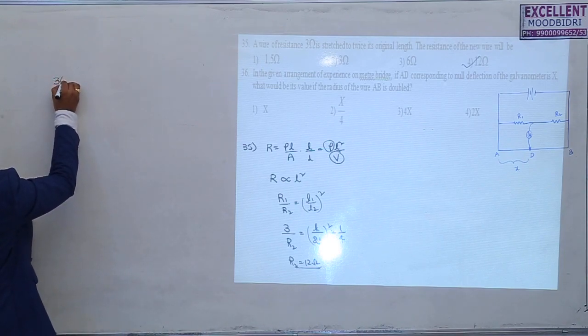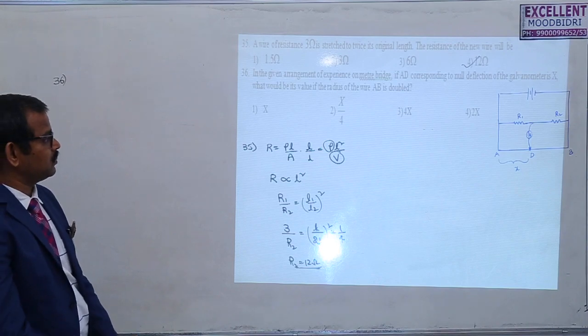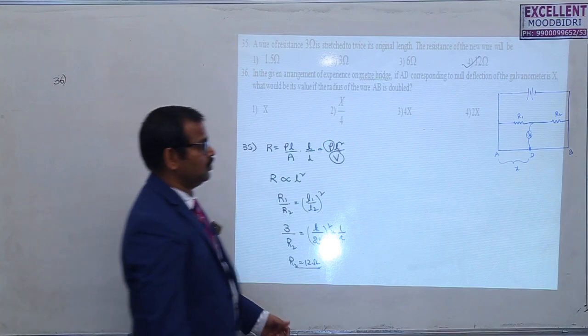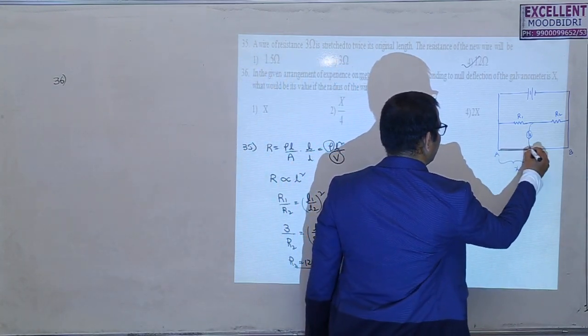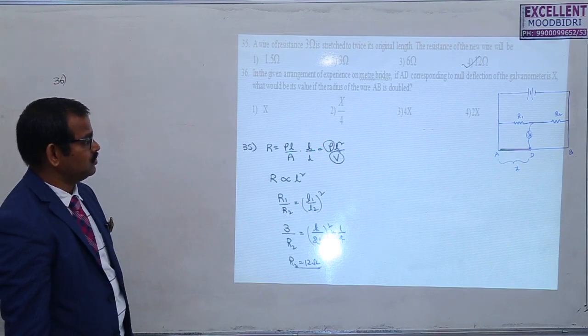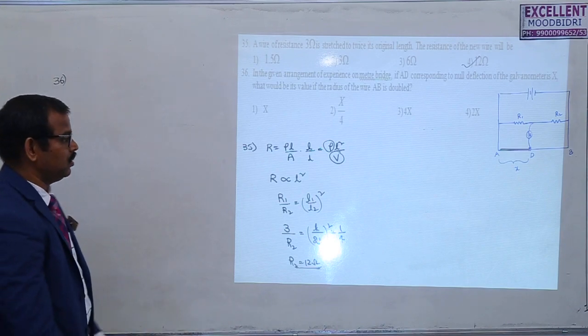Now question number 36. Here in the given arrangement of experiment on meter bridge, AD corresponds to null deflection. So this is the null deflection, also called the balance length of the galvanometer, which is X. What will be its value if the radius of the wire AB is doubled?